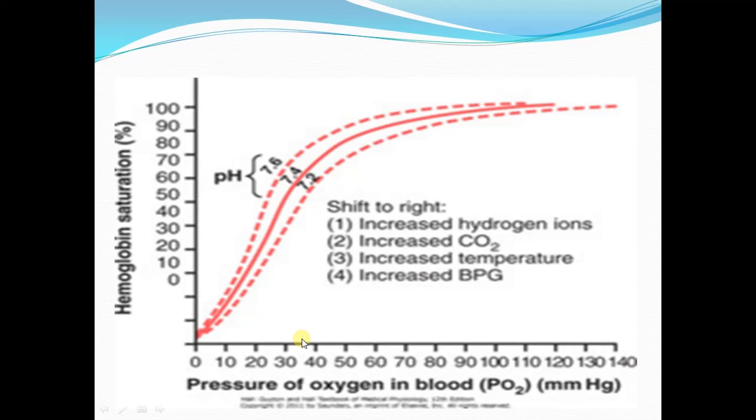So if you know the P50 value, you can know about the shift of the curve. An increase in the P50 value signifies more dissociation of oxygen from the hemoglobin and the shift of the curve to the right side, while a decrease in the P50 value will signify the opposite effect.